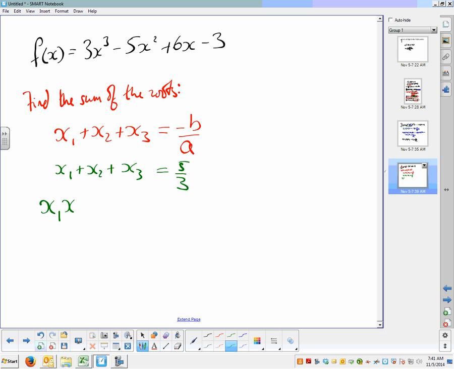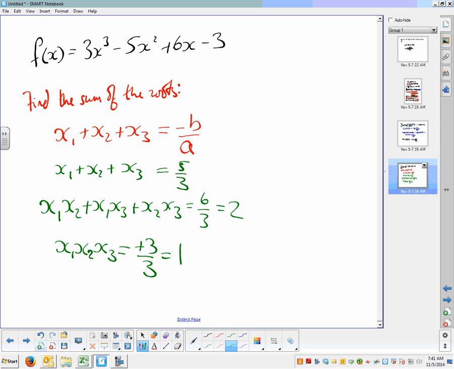Pairwise, x1 x2, x1 x3, x2 x3 is equal to 6/3, which is 2. And x1 x2 x3 is equal to minus d over a, which is minus 3 over 3, which is 1.